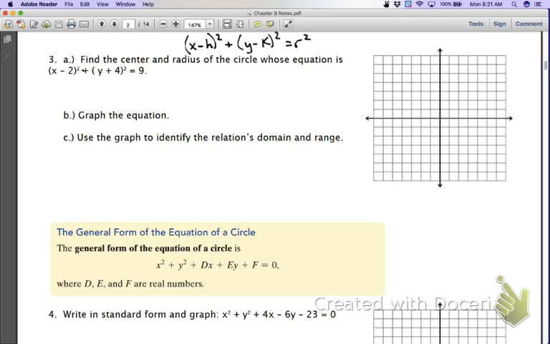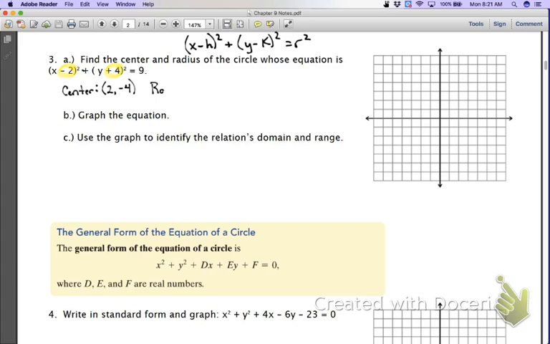If it's positive, you really have to think about it. If I look at the x plus 2, then as far as my center is concerned, it's really just the opposite of whatever value that is. So if it's a +2 in the equation, then my center is really at -2. If the y value in the equation is a -4, then the center is at +4.